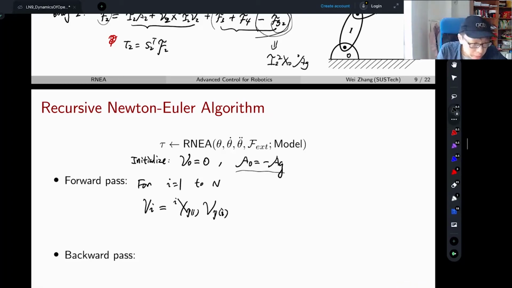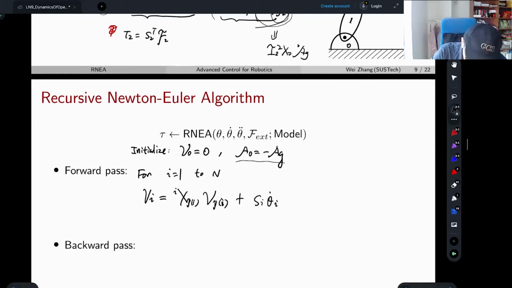You only have one parent, by the way. So the current velocity equals the previous parent velocity. Since we're doing the local frame, I need to change from the parent's frame to my current frame, plus the current joint: Si theta i dot. That will be my velocity.